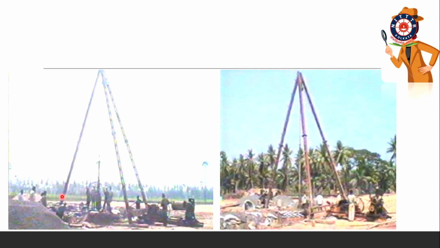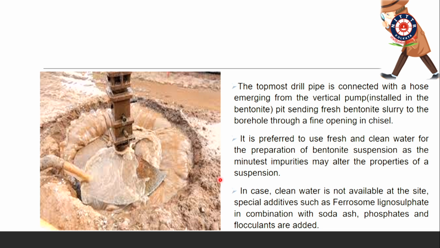Next, now you are erecting this tripod machine. See, this is the pulley. You can see this is the chisel you are lifting by the rope, that is a 20 mm diameter rope. Also you should understand we have to use fresh water for preparation of the bentonite.